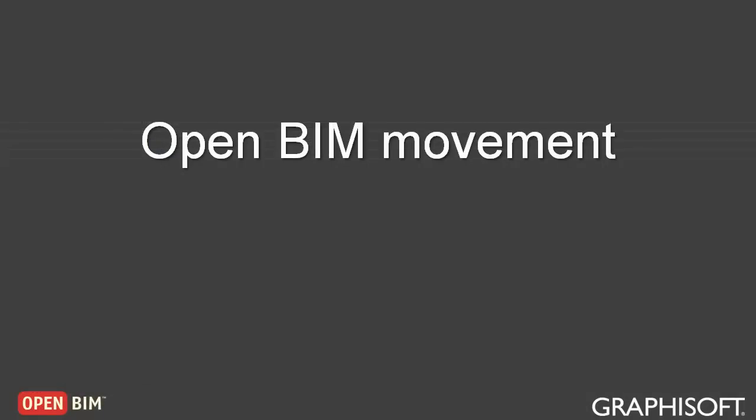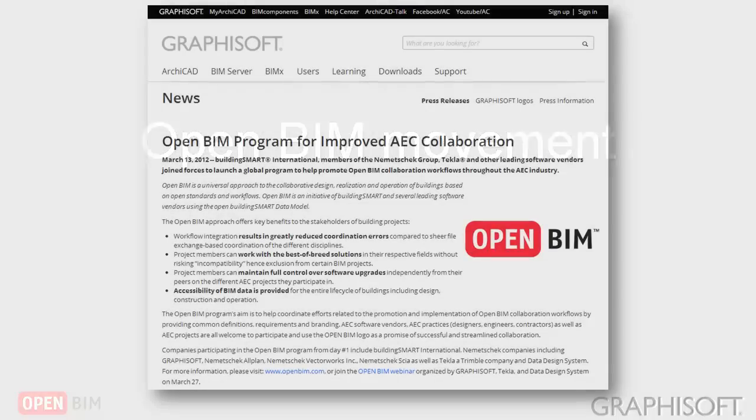We have seen the OpenBIM workflow in action, but OpenBIM is not just a technological tool for model exchange. It has grown into a movement. A few BIM software vendors, including Graphisoft as a founding vendor, have launched OpenBIM as a key part of their program. The program's goals and details are available from the Graphisoft website.